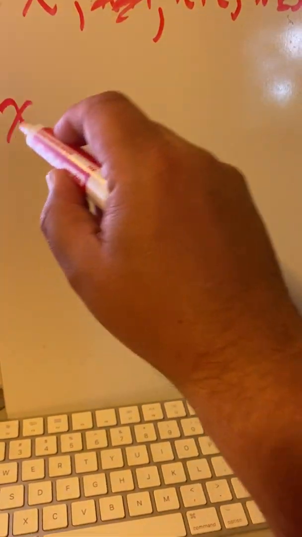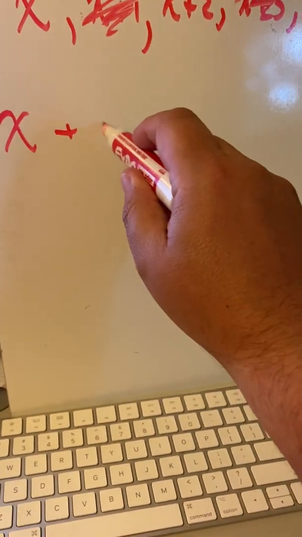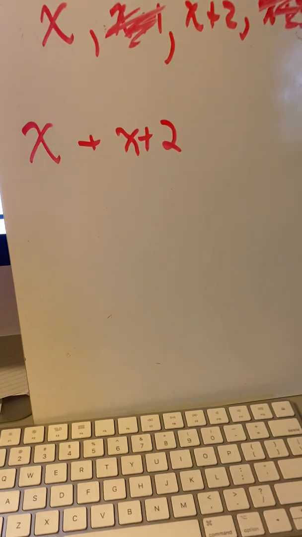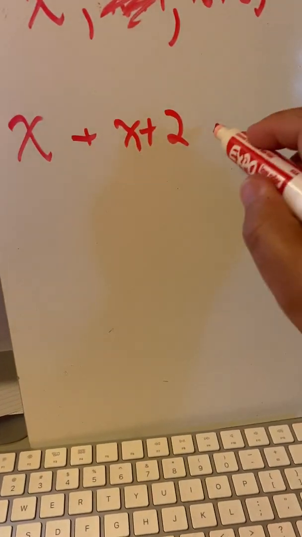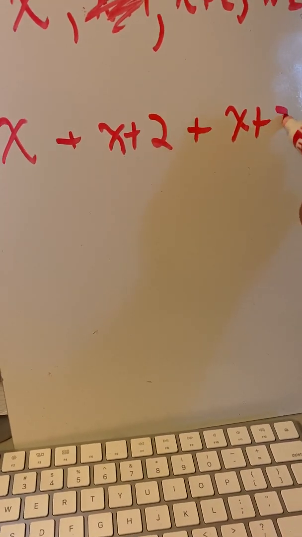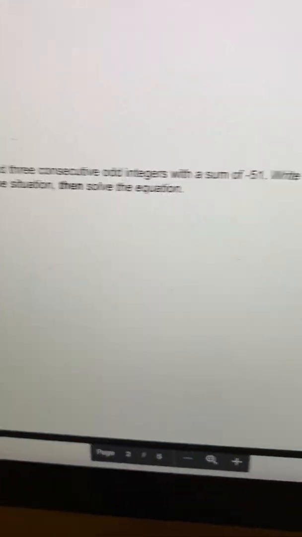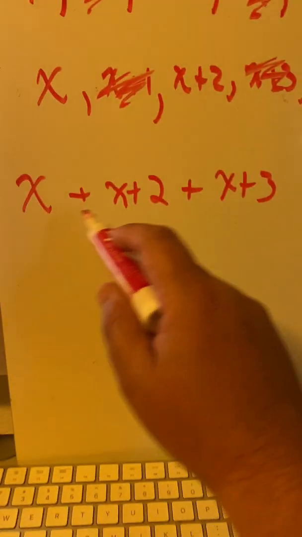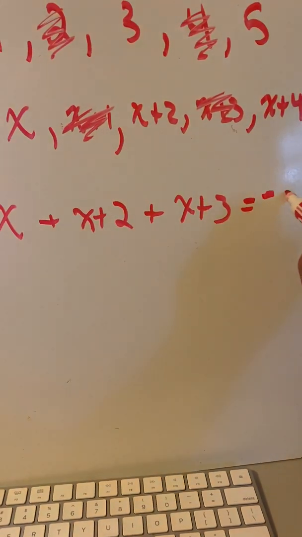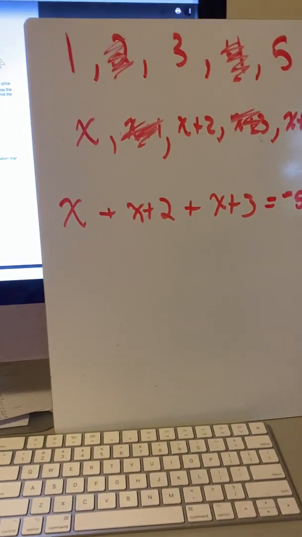I don't know what they are, but I know they're x, x plus 2, and x plus 3. Because they want them with the sum, which means if I add them all up, the sum is negative 51. So all of those have to add up to a negative 51.